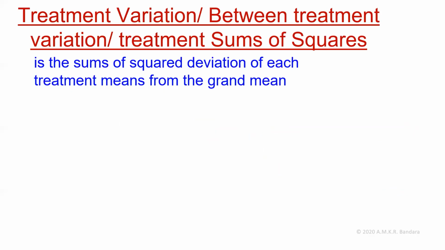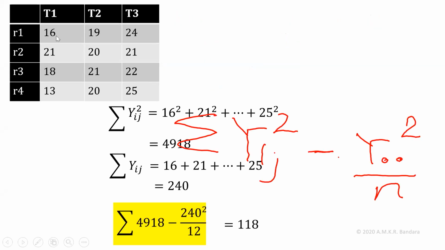Treatment sums of square is the sums of squared deviation of each treatment mean from the grand mean. Here, we can calculate each treatment mean. From this data set, we can calculate the first treatment mean: add up these 4 observations and divide by 4.